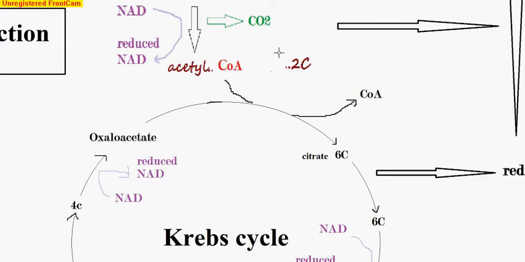This is 2C. So where does it get 4C? It gets 4C from here, because this 4C oxaloacetate plus acetyl coenzyme, after the coenzyme is removed, becomes citrate. Citrate is 6C, this is 4C, 4 plus 2 is 6. Hope this is clear.